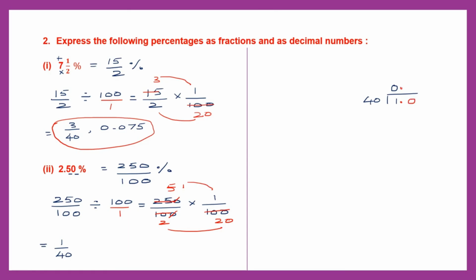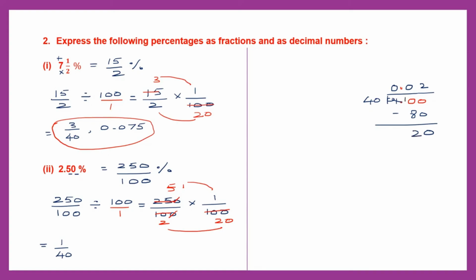Now my number is 10. 10 is also smaller than 40, so I'm going to put a 0 on top and I'm going to continue my division, so I'll put one more 0. Now I'm going to read my number as 100. 40 into what will give me a number close to 100? 40 into 2, 4 2s are 80. 10 minus 8 is 2.